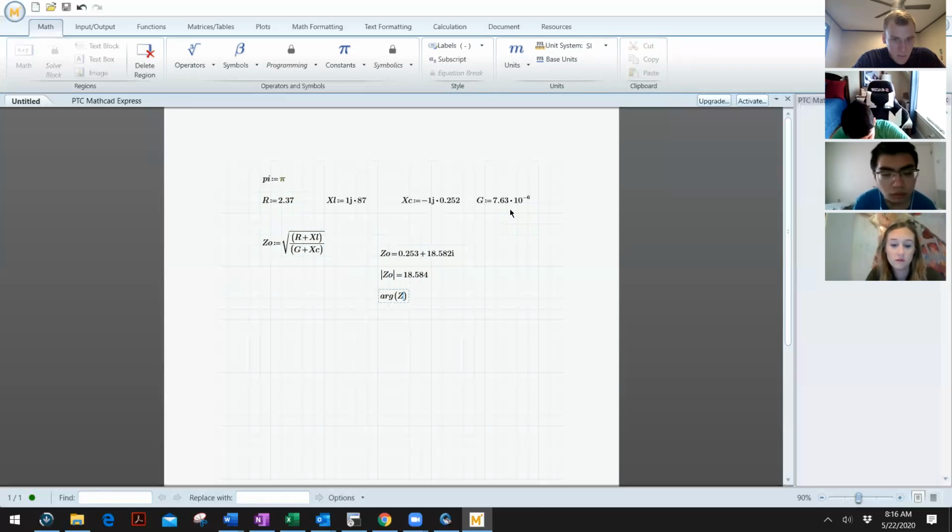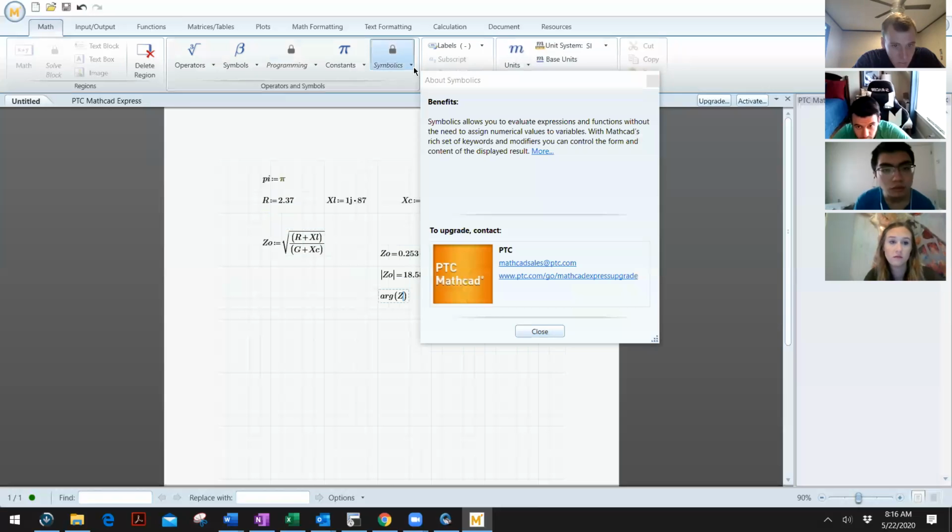Wait a second. This license didn't turn on for some reason. Hold on. Come on. I don't know why this thing's so slow right now, but I can't close it either.